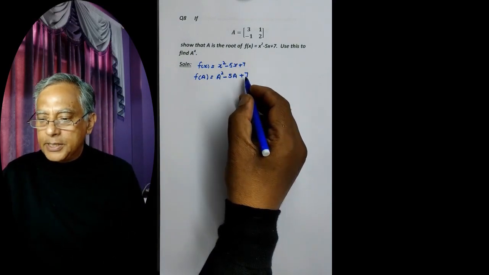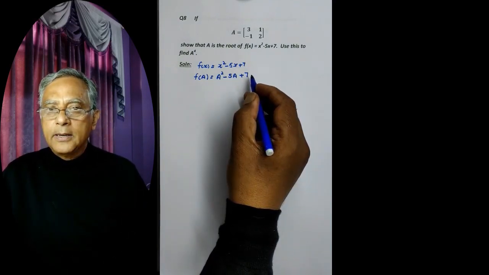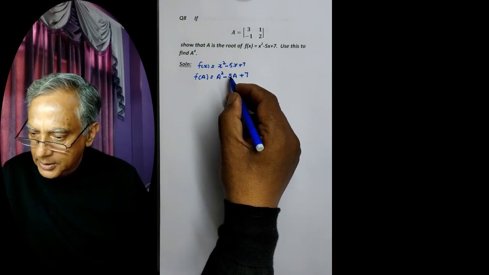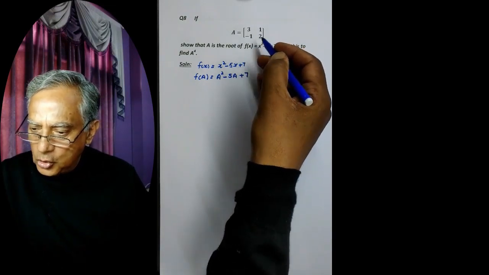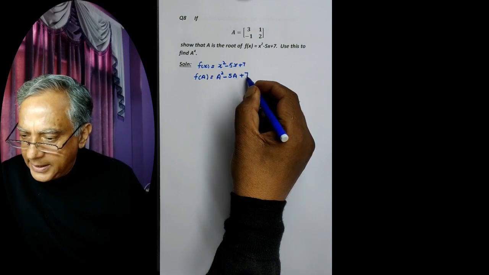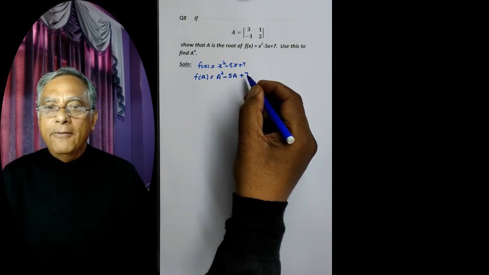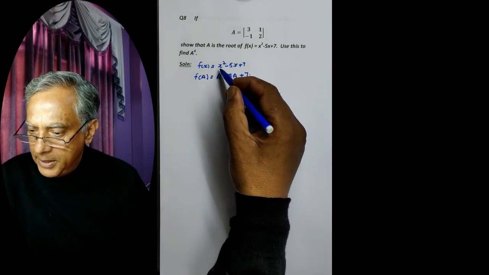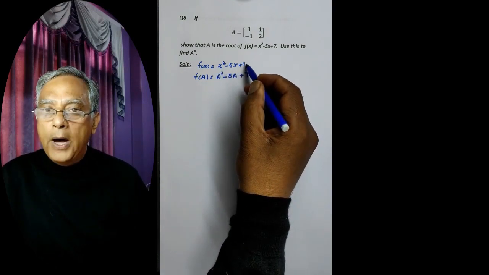But this expression is not compatible. Why? Because A is a matrix. 5A will be a 2 cross 2 matrix, and this matrix cannot be added to 7. 7 is a scalar. For numbers, the identity is 1.